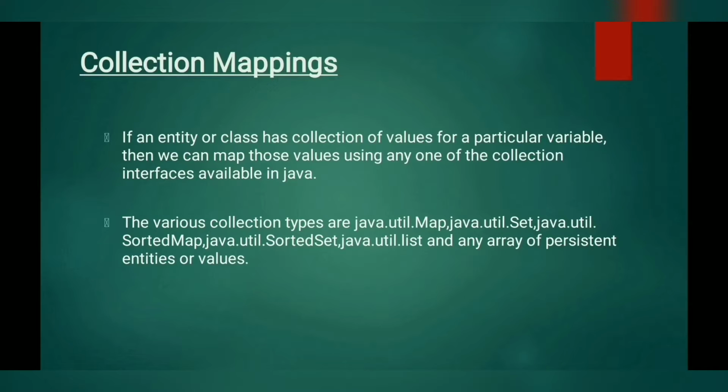In this case, we can map the values with any one of the interfaces that is available in Java. The next point is there are various collection types. Some of them are java.util.map, java.util.set, sorted map, sorted set, list, and any array of persistent values.